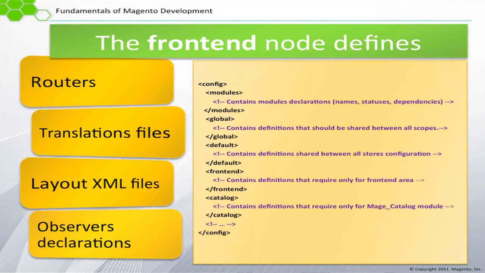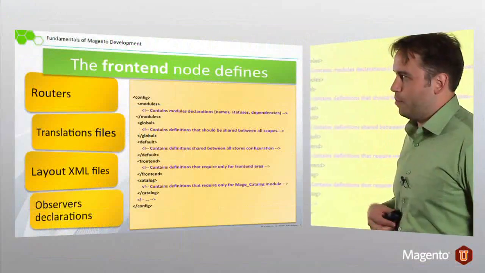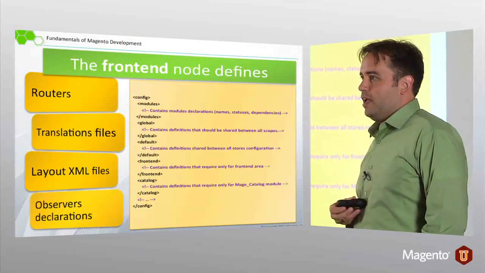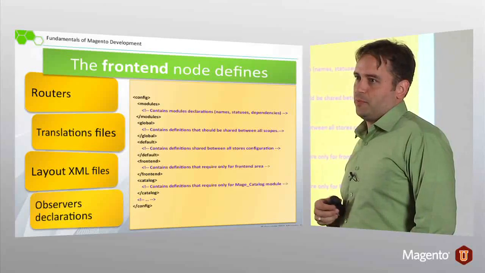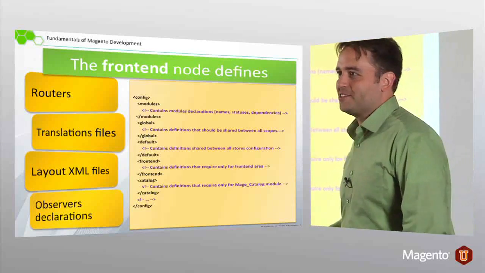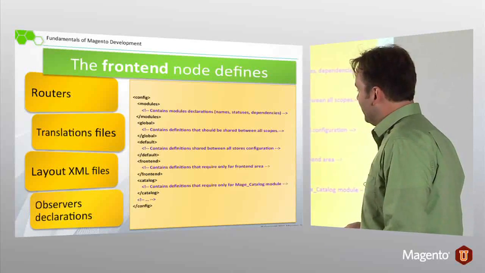In the different area nodes, so for frontend or admin, we might set up routers. These are the things that actually handle the requests that come in and determine how we're going to match that request and dispatch controllers. Of course, we get very tactile with that in a day or so.